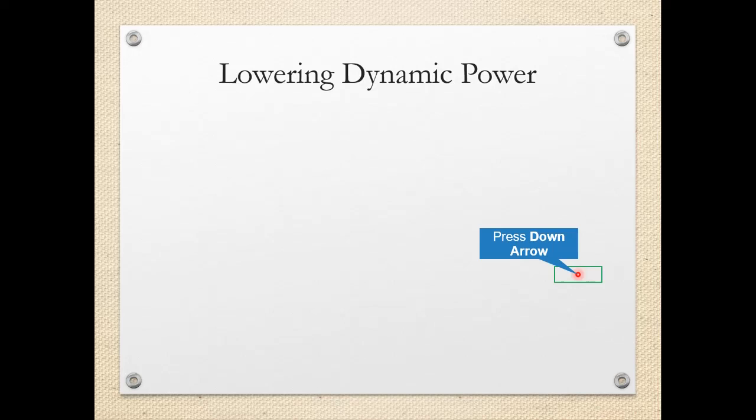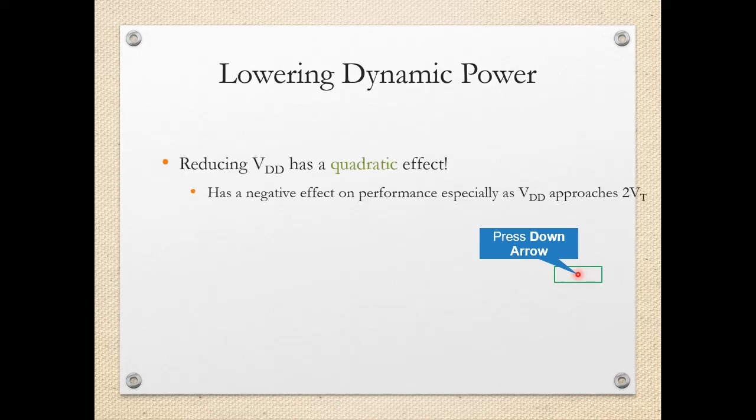So how to lower the power which is consumed in CMOS circuits? First we'll look at how to lower the dynamic power, because that is around 40 to 70% of the total power consumed. By looking at the formula, we can find that VDD is the main parameter which plays the important role. By reducing VDD, we can reduce the power consumption.